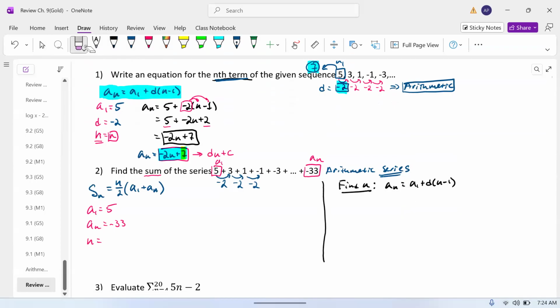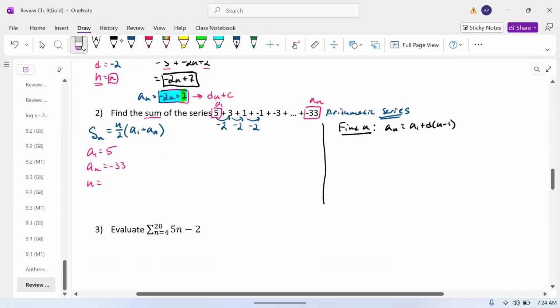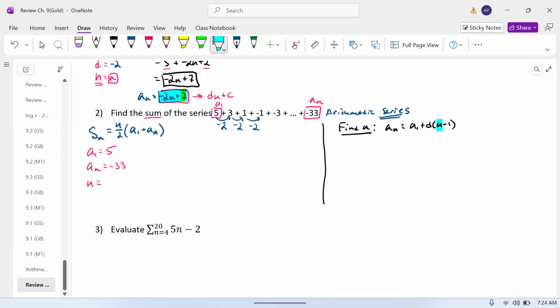I'm just going to stick with what I wrote earlier. I think that would be more straightforward. So keep in mind, we need to find n, which means that we really have everything else. We know a sub n, which is negative 33. We know a sub 1, which is 5. We do know d, which is negative 2. And n is the only thing we don't know, and we can solve for it because it's the only unknown.